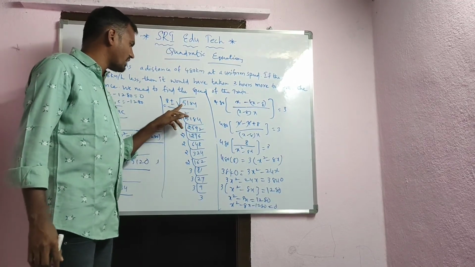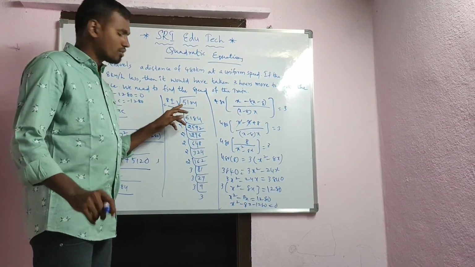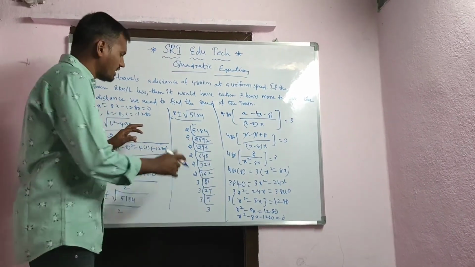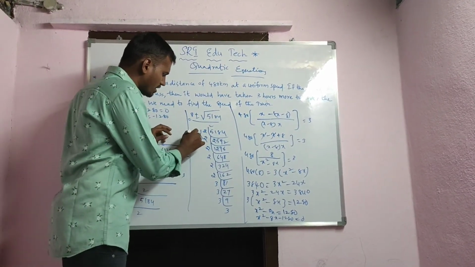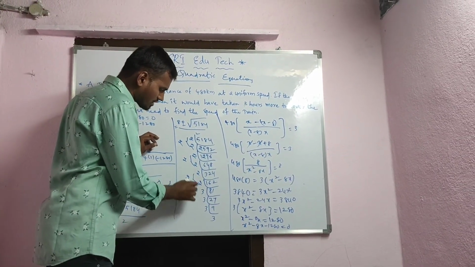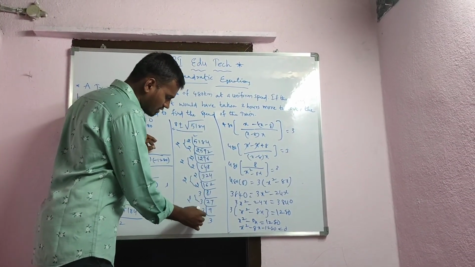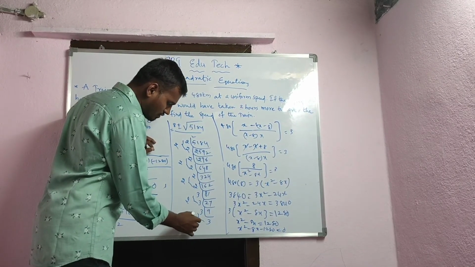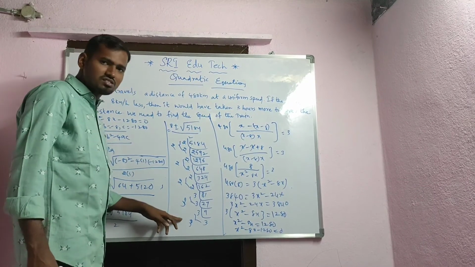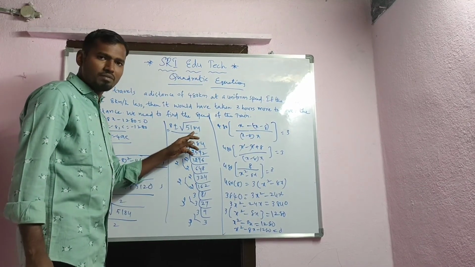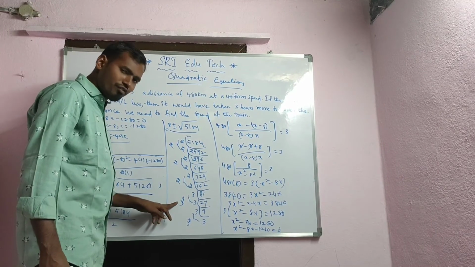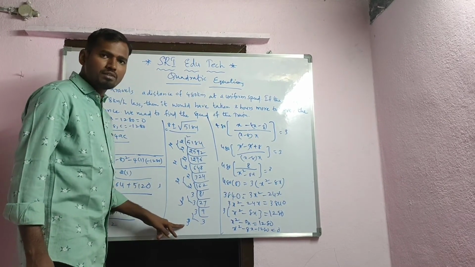Now we are finding the square roots. Square root means take 1 out of 2. These two are same, take 1; these two are same, take 1; these two are same, take 1; these two are same, take 1; these two are same, take 1. Then we have to multiply these things, we will get the perfect square. 2 2s are 4, 4 2s are 8, 8 3s are 24, 24 3s are 72.